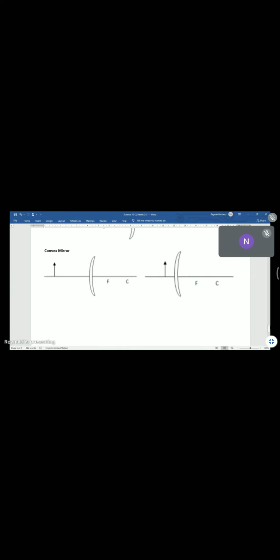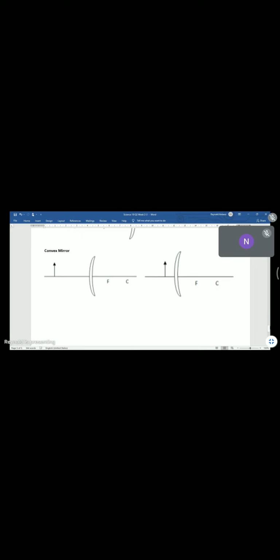Now in the next one, the object is located, the object ha, not the image. For example, if this is a pencil and this is a concave mirror, I placed the pencil between the center of curvature and the focus. In letter D, I placed the object near the focus. What image will be formed? In letter E, the object is placed between the focus and the vertex. And in the convex, you only have 2.